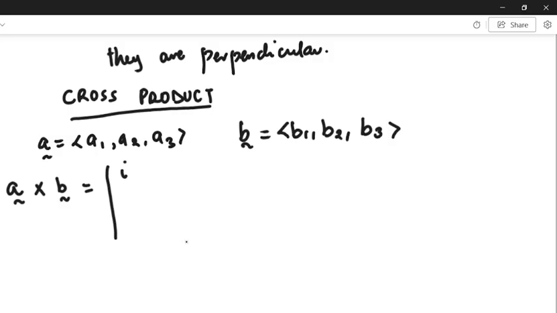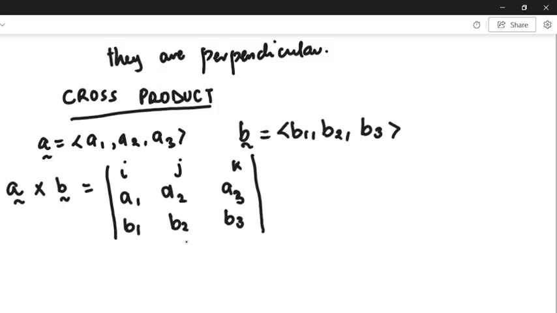Here we have I, J, K, A1. So if it's A cross B, you start with A1. If it's B cross A, you start with B1. So you have A1, A2, A3, B1, B2, B3.